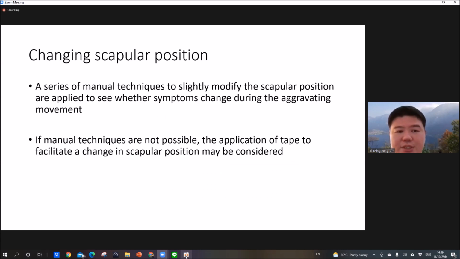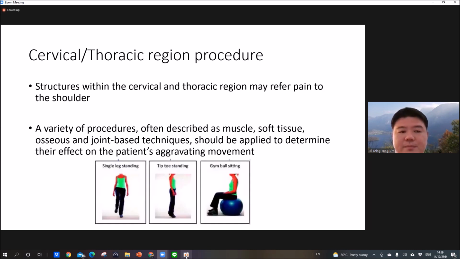The second one is changing the scapular position, like how we did the test just now. There's a manual technique to slightly modify the scapular position to see whether the symptom will change during the aggravating movement. If a manual technique is not possible, then taping will be done. For the cervical thoracic region procedure, they say that the cervical and thoracic spine may also refer pain to the shoulder.